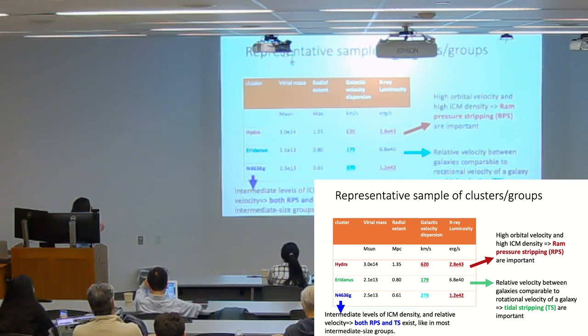And we also selected the NGC 4636 group, which is actually a normal group. Because it's normal, the different mechanisms mix, so it's actually more challenging for our method. It will serve as a final test for our parameters and our methods.